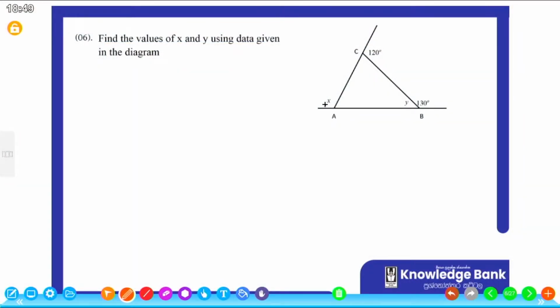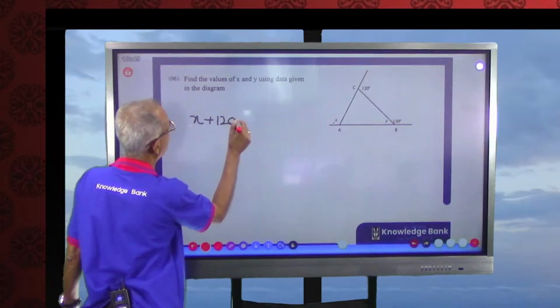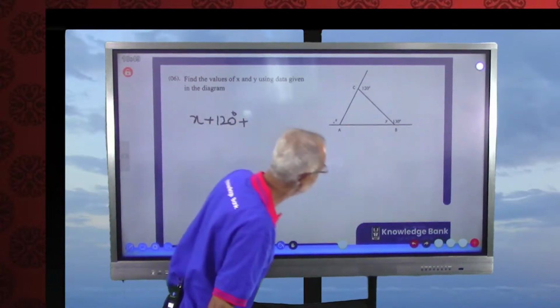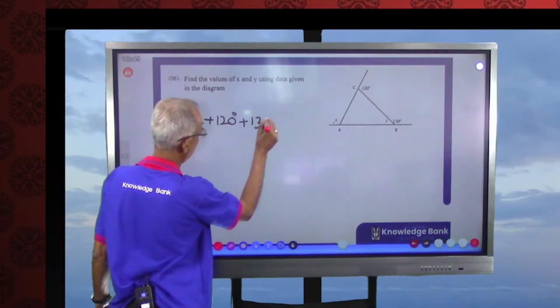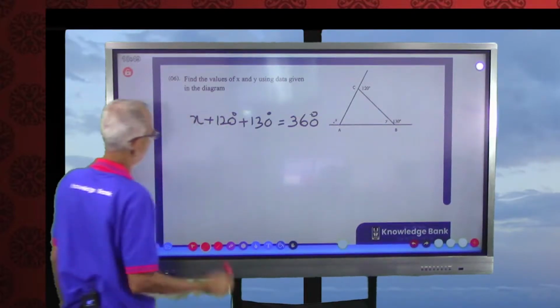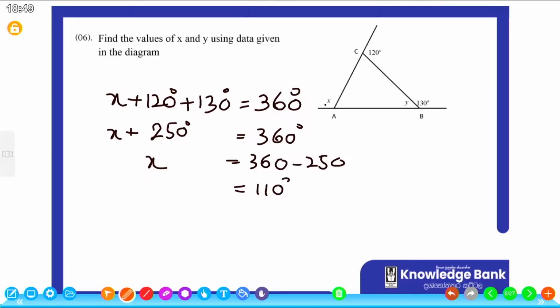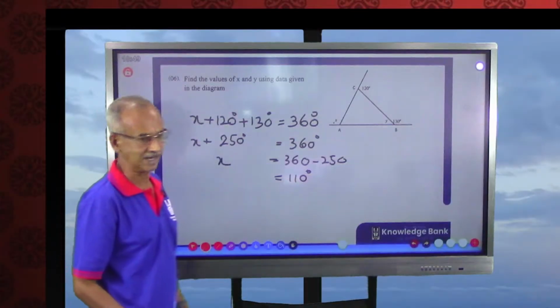Therefore, we can write the angle x plus 120 plus 130 is equal to 360 degrees. Then x plus 120 plus 130 is x plus 250, equal to 360 degrees. Then x is equal to 360 minus 250, which is 110 degrees.